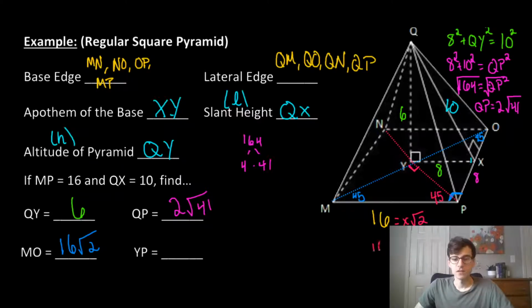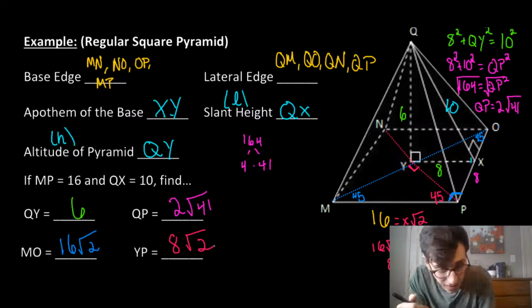Meaning that 16 root 2 equals 2x, or 8 root 2 equals x. So then YP is 8 root 2. So doing that, we deconstructed a lot of these individual parts of a regular square pyramid.